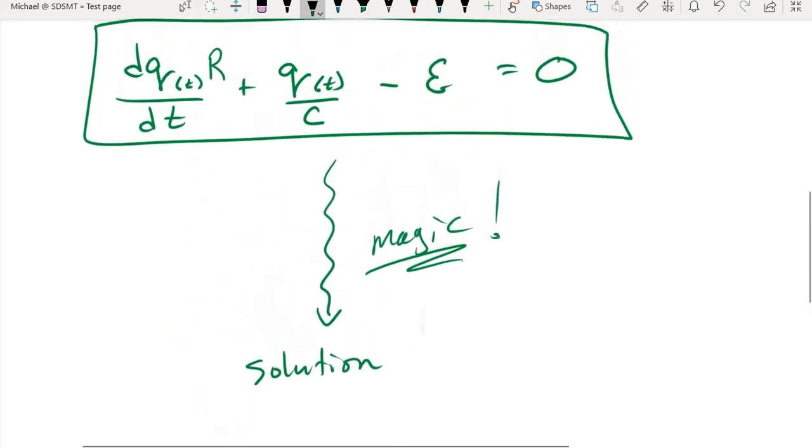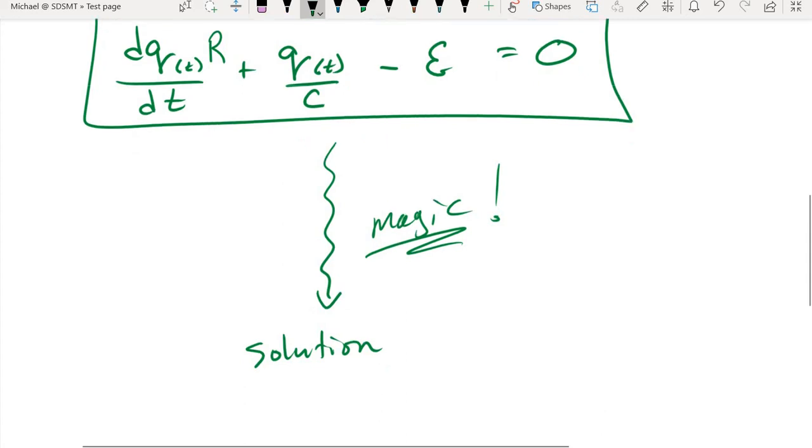That's just a coefficient. Your EMF potential, that's just a numerical value. That's a fixed constant. And so the only way that we're going to be able to get all of this to equal 0 is if everything is of like terms.